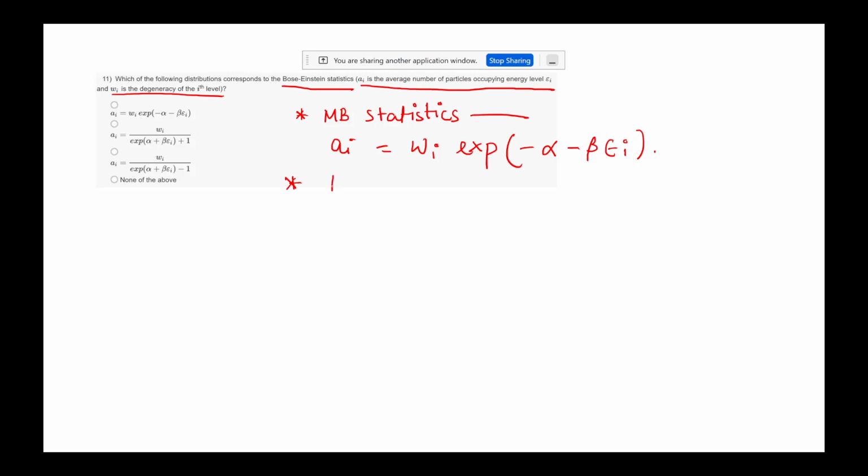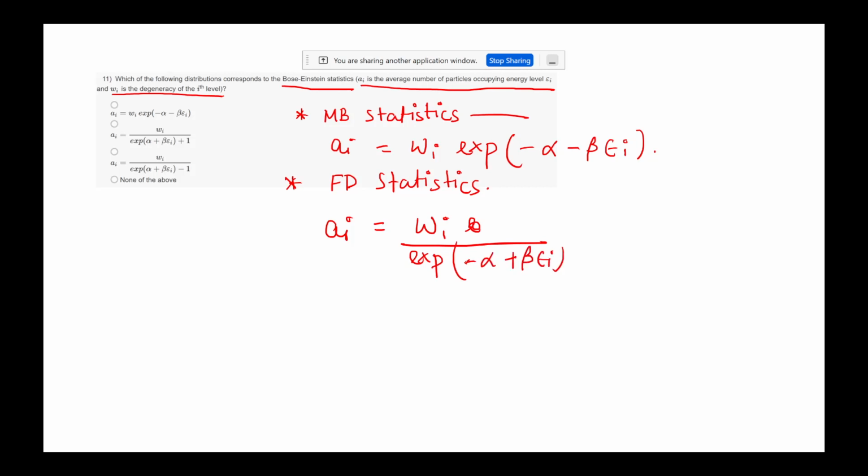For FD statistics, Ai is equal to Wi divided by exponential of minus alpha minus beta epsilon, plus 1. Sorry, all will be plus.